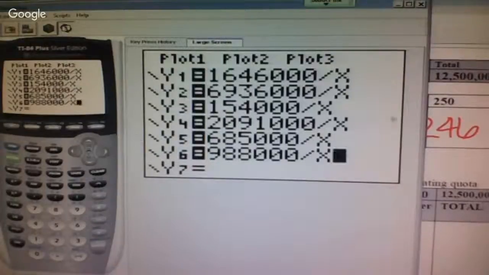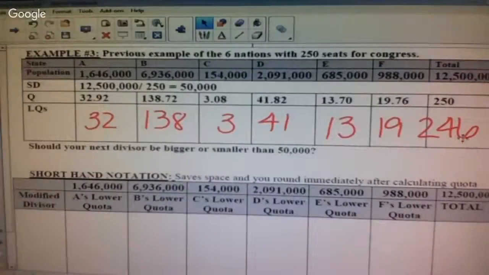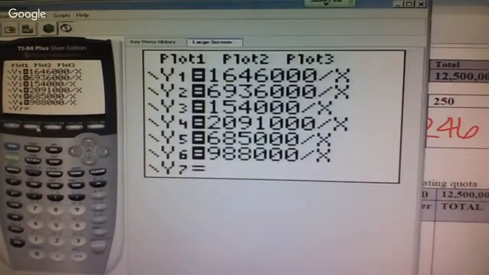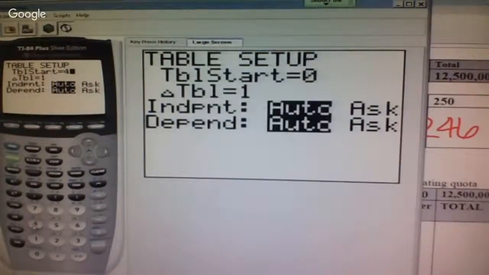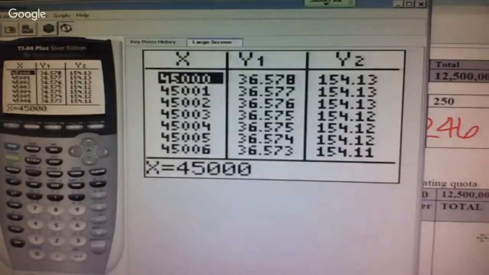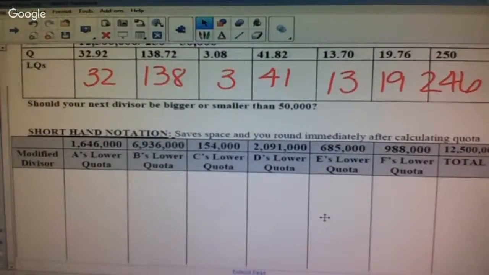Okay, so we started off with 246 once we give everybody the lower quotas. So 246 needs to go up, which means my standard divisor of 50,000 needs to go down. What do we want to guess first? 45,000. All right, so go to your table start and put in 45,000.